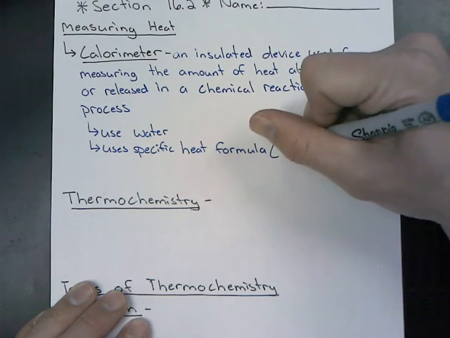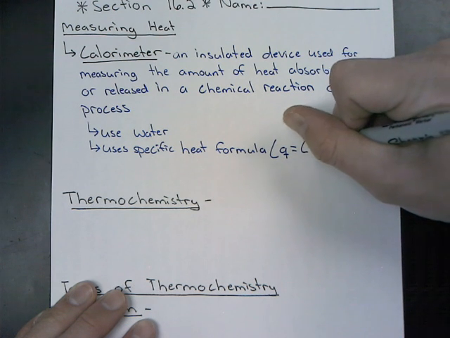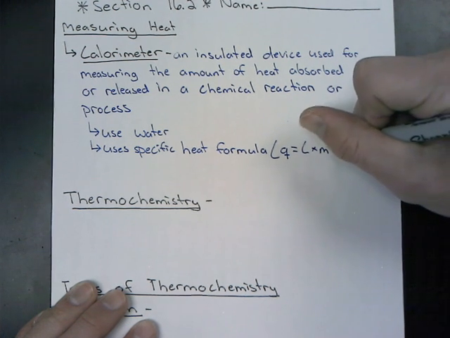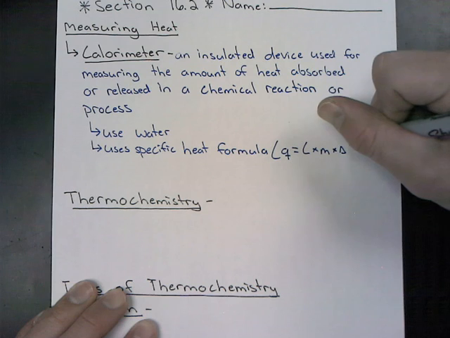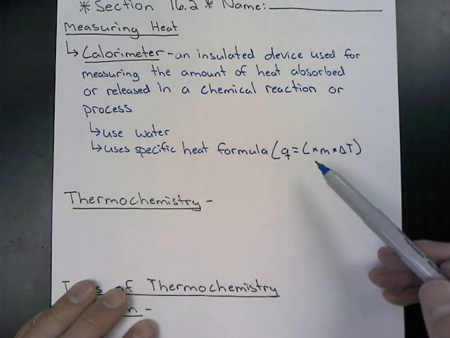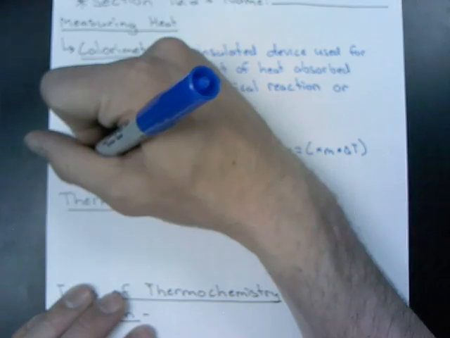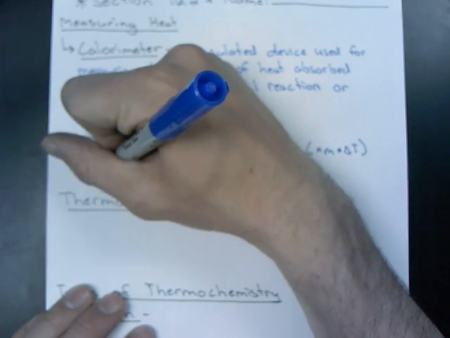That specific heat formula is Q for heat exchange equals C times M times delta T. Now, the only difference between what we talked about in section 1 and what we have here with a calorimeter is that we have two Q's.